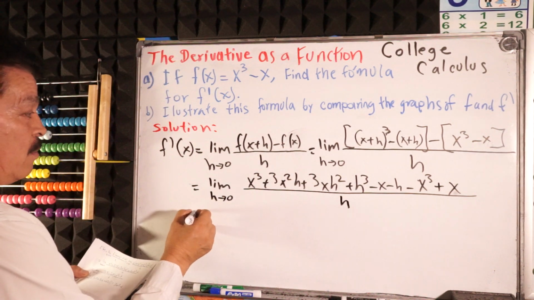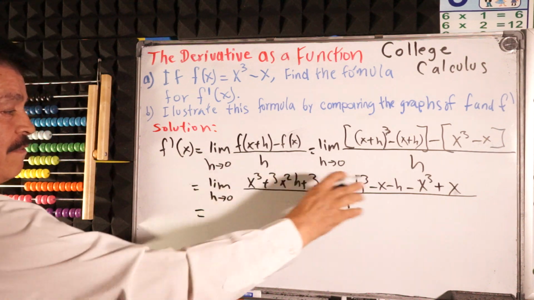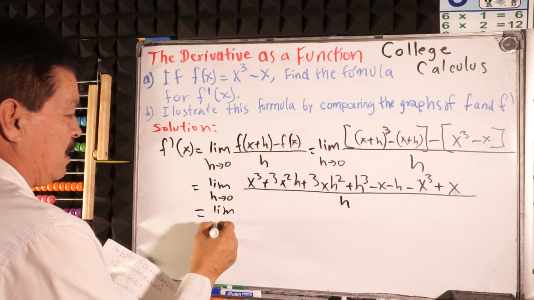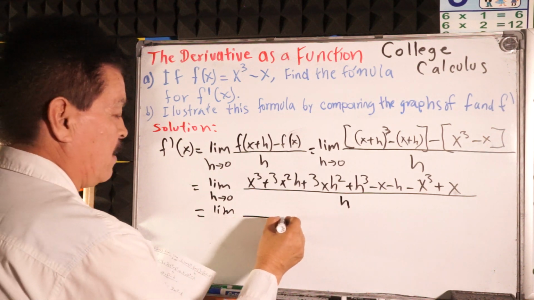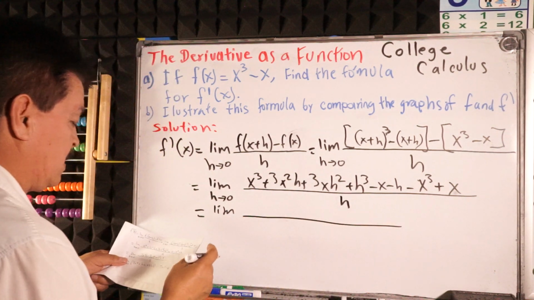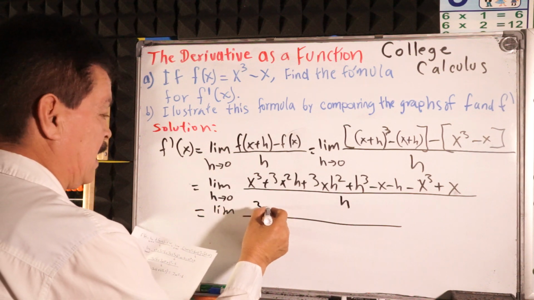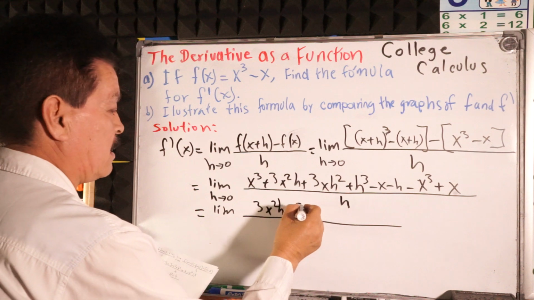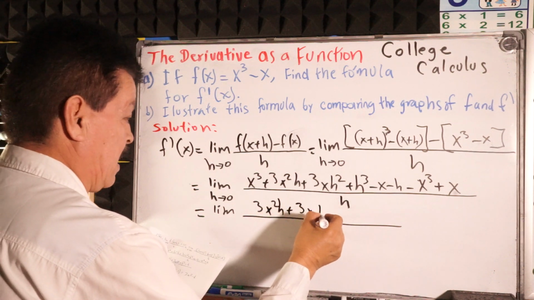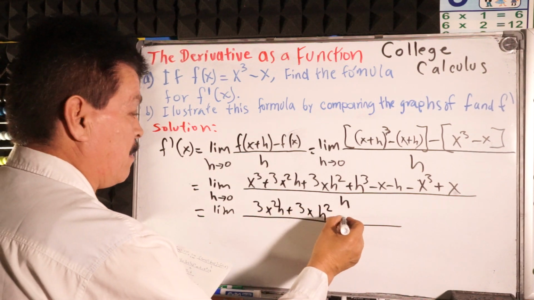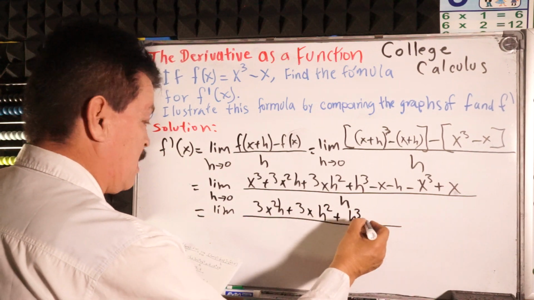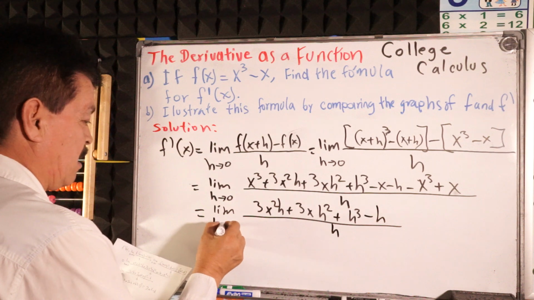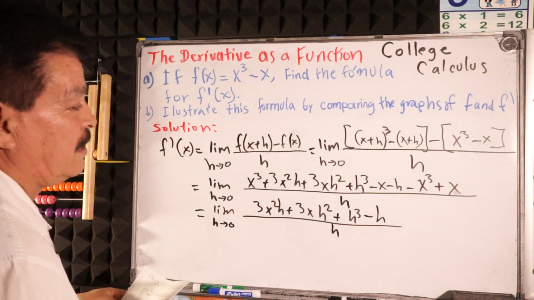Then if we simplify that fraction, we will have the limit of 3x squared h plus 3x h squared plus h to the third power minus h, divided by h when h approaches 0.